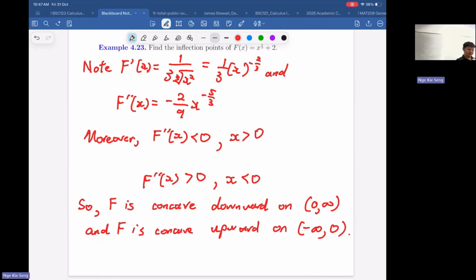Okay, so this means what? You have one side of 0 concave downward, the other side concave upward, meaning the point (0, f(0)), which is (0, 2), is an inflection point.